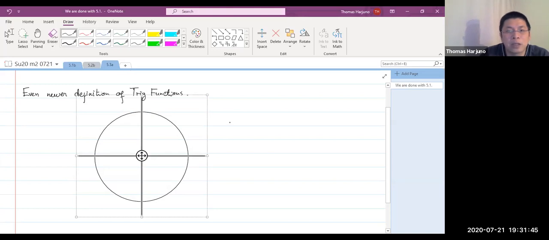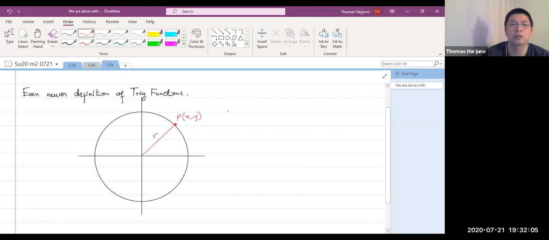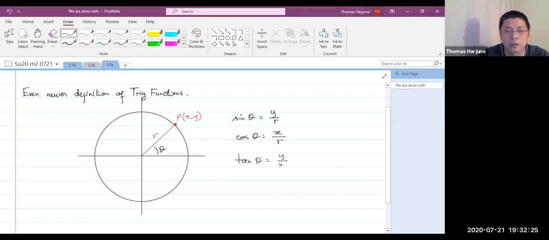If I have a point on the circle with radius r, let's say the coordinate is P(x, y), this is r here, then we define, in standard position, sine theta equals y over r, cosine theta equals x over r, and tangent theta equals y over x.